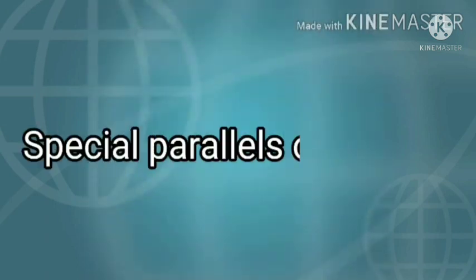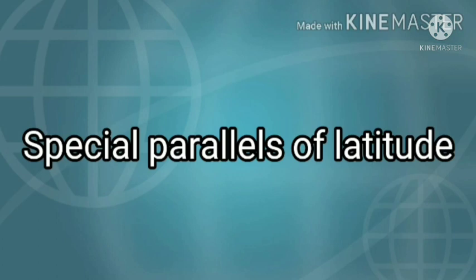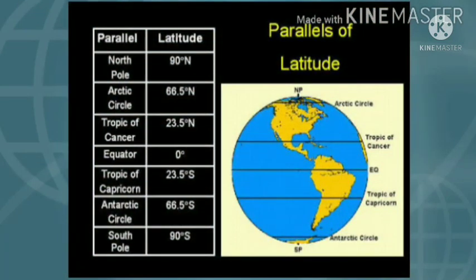Next, special parallels of latitude. There are 7 important parallels of latitude. The table is given below. North Pole at 90 degree north. Arctic Circle at 66 degree north. Tropic of Cancer at 23 degree north.